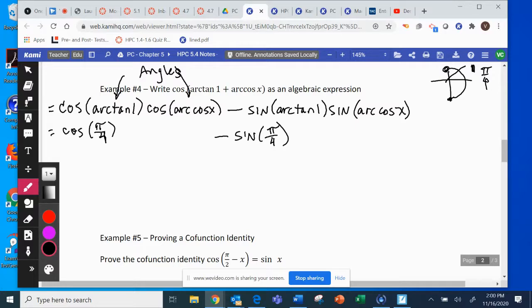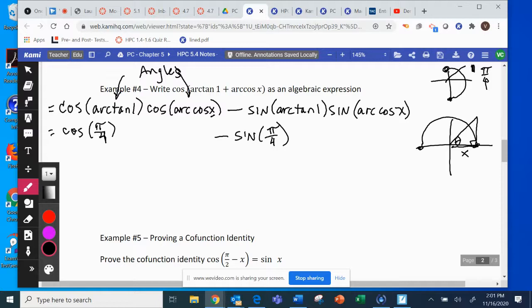Okay, we also have to figure out this arc cosine x. So cosine has the values from 0 to pi. And this says what angle has a cosine of x. Since that's not an actual number, I can't find the angle.